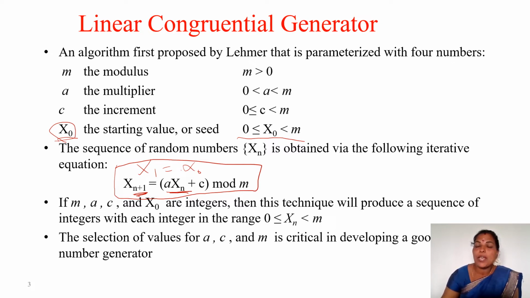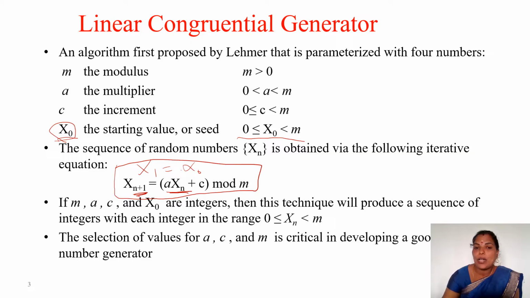Always we have to fix a number for the modulus, the multiplier, as well as the increment. If m, a, c and x naught are integers, then this technique will produce a sequence of integers with each integer in the range 0 less than or equal to x n less than m.